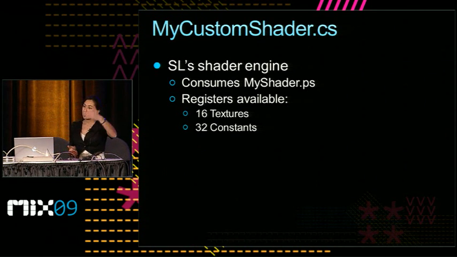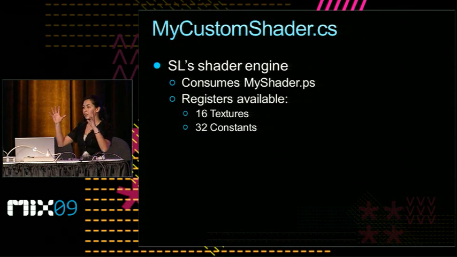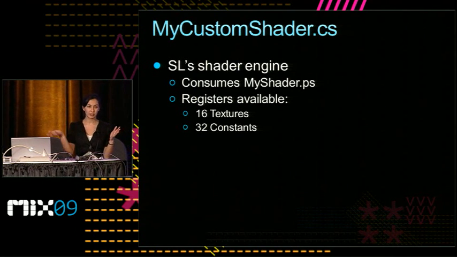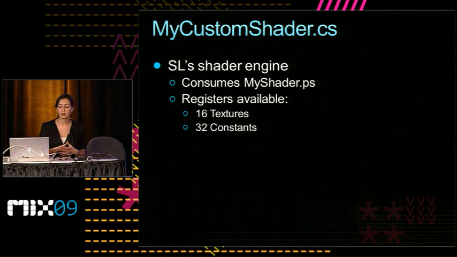So let's talk about the .NET file. Silverlight's shader engine allows for quite a few variables to be inputted. We allow you to register at least up to 16 brushes, so we allow for multi-input, and 32 constants: doubles, floats, colors, etc.